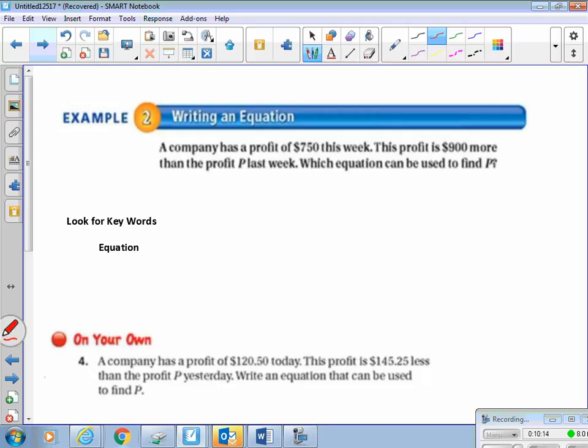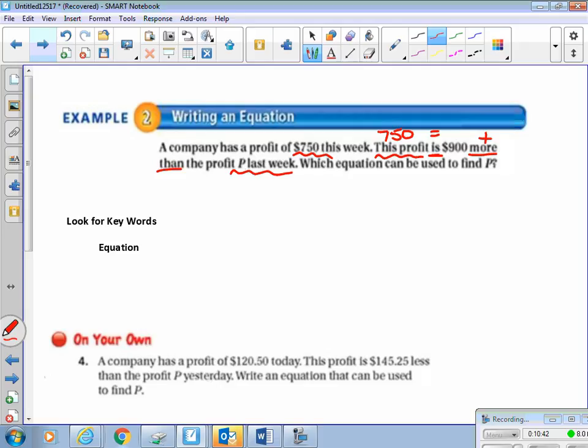So I want to look for some keywords. So we know we have a profit of 750. And it says this profit is, and in math, is is a key for equals. We're talking about this profit. So this profit here is really right here, 750, is 900 more than, which means addition, the profit P last week.